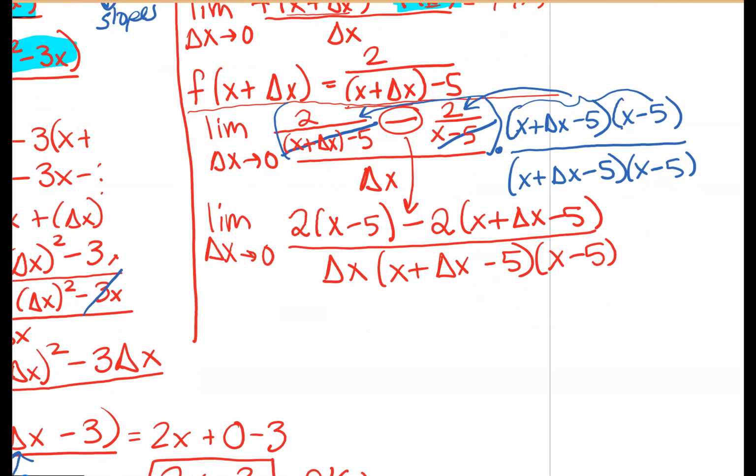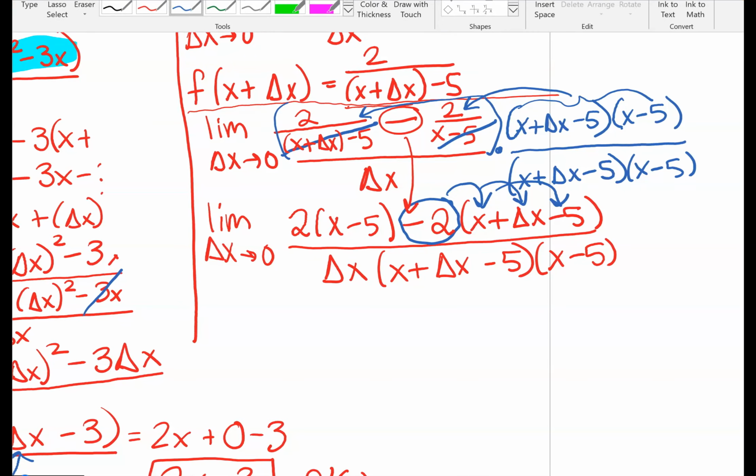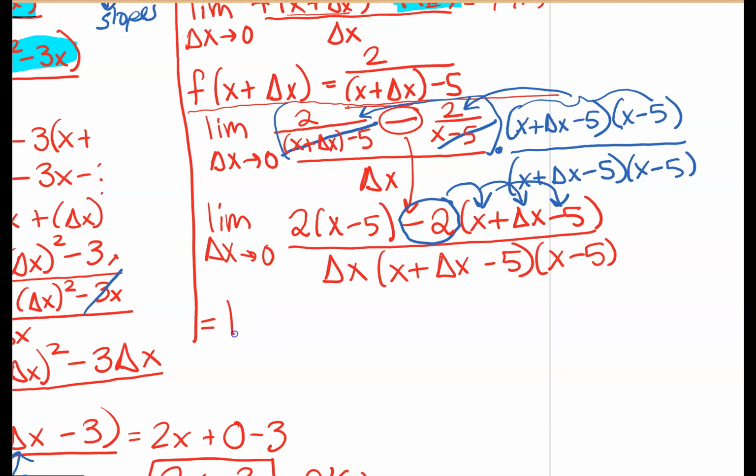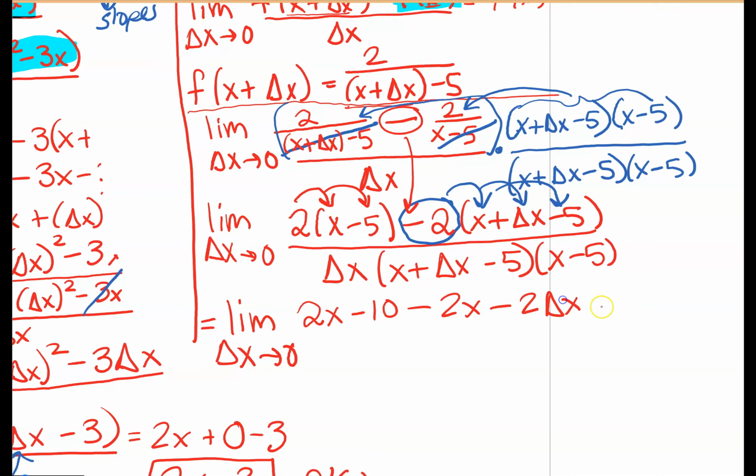Now what I'm going to do is simplify in the numerator. I'm going to distribute my negative 2. Don't forget to distribute the negative along with the 2. So now I have the limit as delta x approaches 0. Oh yeah, I have to distribute this positive 2 as well. Of 2x minus 10 minus 2x minus 2 delta x plus 10 all over all of that.